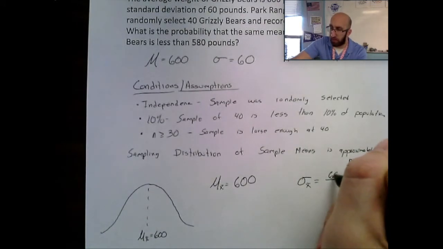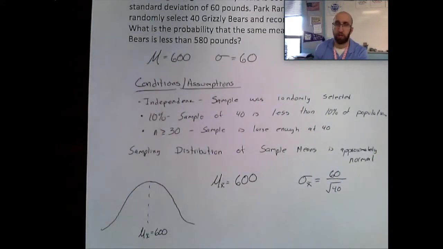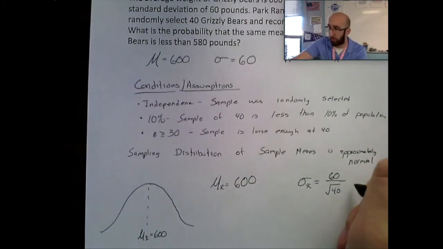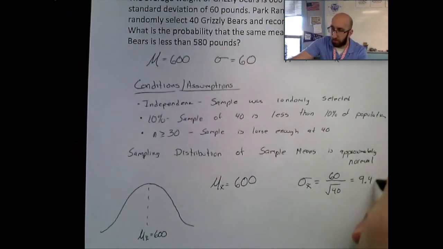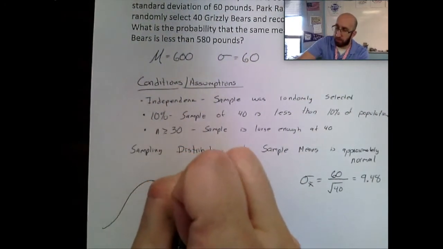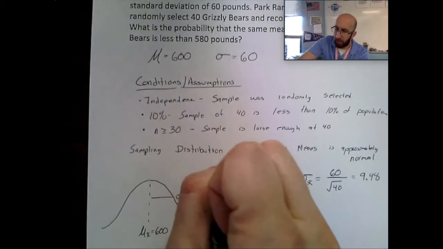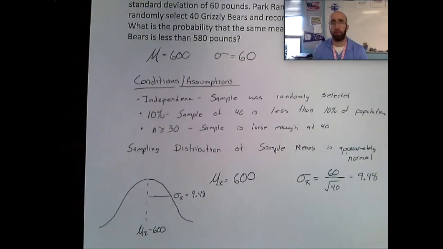The population standard deviation is 60 and my sample size is 40. So we're talking 60 over the square root of 40, which I did in a calculator off screen. It is 9.48 when you round it. So my sampling distribution is centered at 600 and has a standard deviation of 9.48.